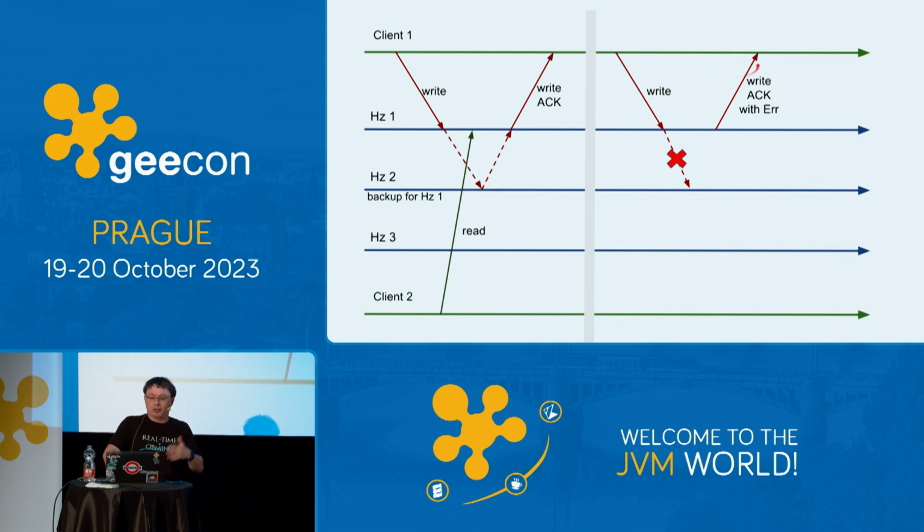And the client could take this error into account or not. But what happens if after this period of time this Hazelcast member 1 dies? It means that client 1 receives an acknowledgement with some error message that the data has been replicated.